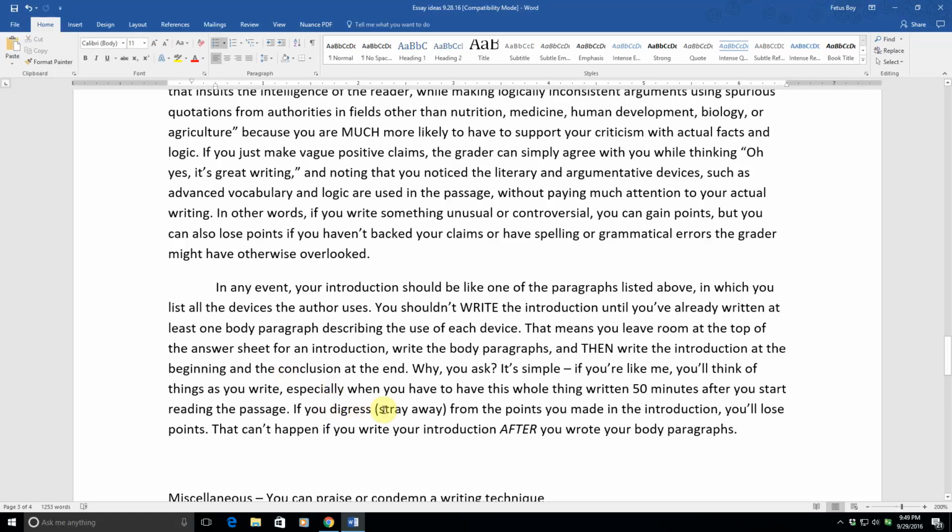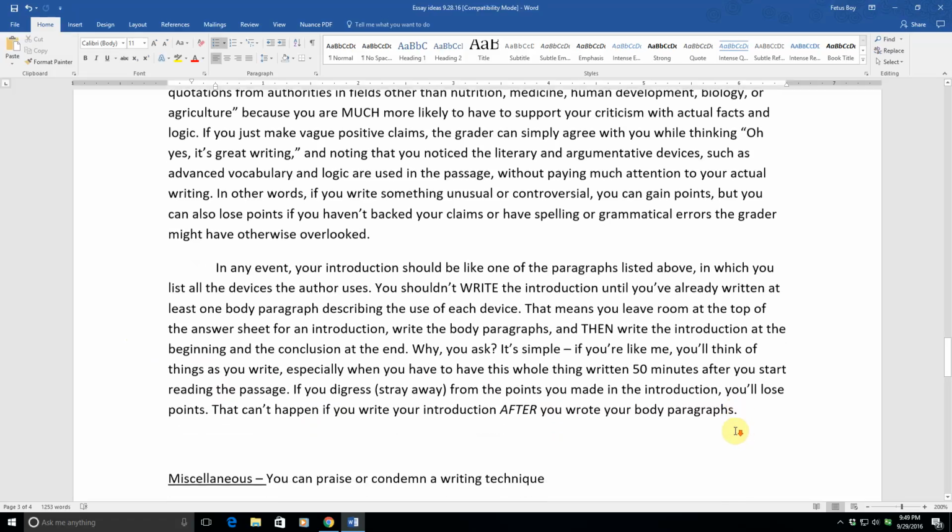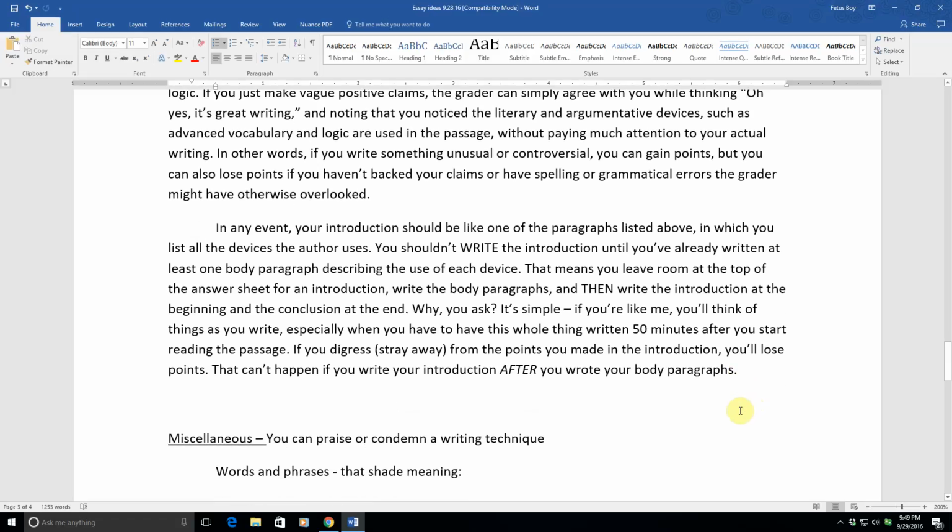So if you digress, that means stray away from the points you've already made in the introduction, you lose points because they'll say, well, this isn't consistent with what you told me you were going to tell me. This is something else. And that can't happen if you write the introduction after you wrote the body paragraphs, because then you'll know exactly what's in the body paragraphs because you've already written them. And then, of course, you can write the conclusion.